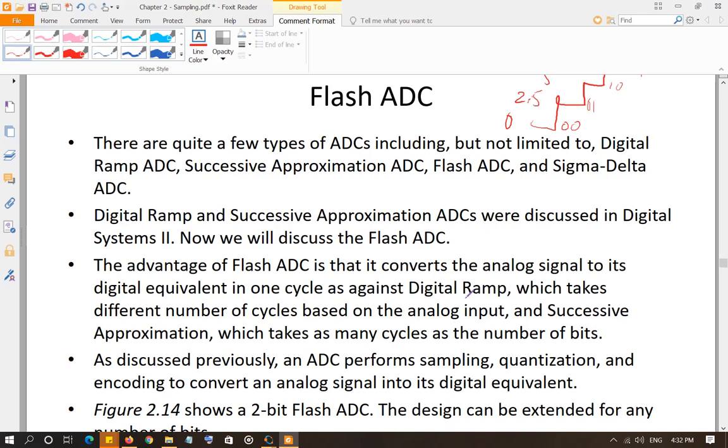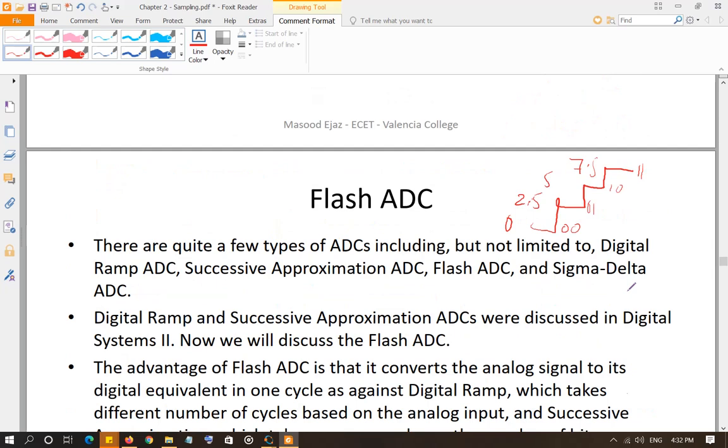Digital ramp ADC, just a gist of that, I'm not going to go over it in detail, but what you do is, like I just showed you, this is a digital ramp, right here.